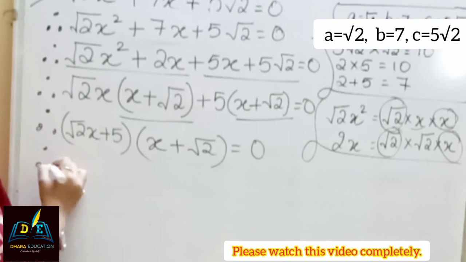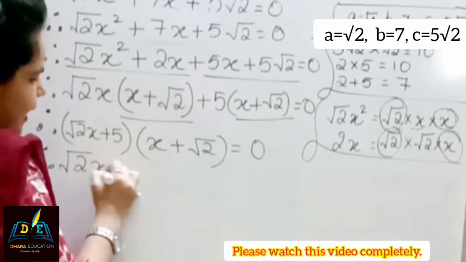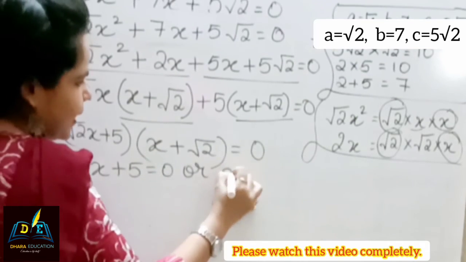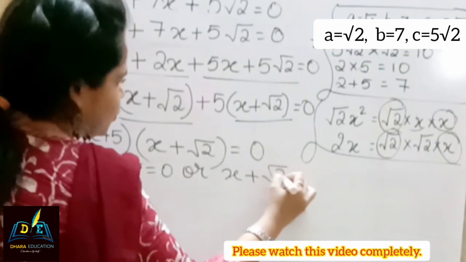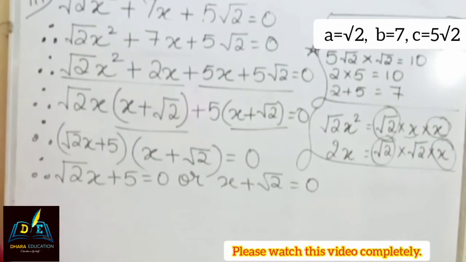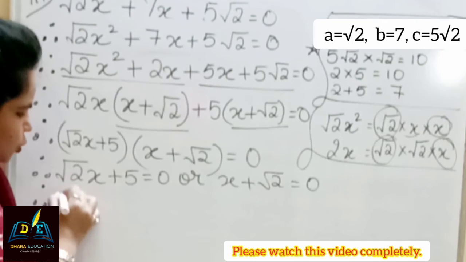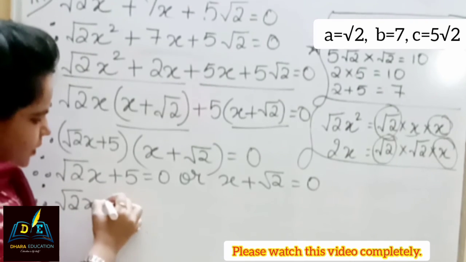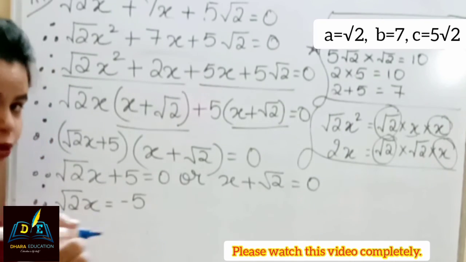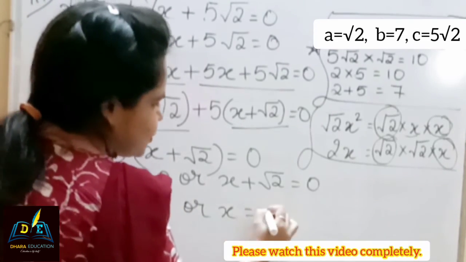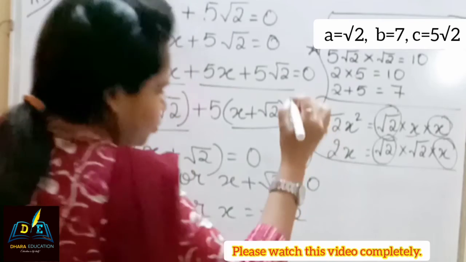Therefore root 2x plus 5 is equal to 0, or x plus root 2 is equal to 0. Therefore root 2x is equal to minus 5, as I told you before, or x is equal to minus root 2.